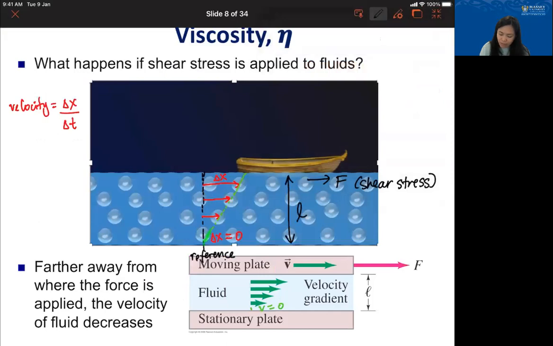And notice that the deformation depends on the position relative to where the shear stress was exerted. So at the top part, you'll have bigger deformation. At the bottom part, where L is bigger, you have almost no deformation.